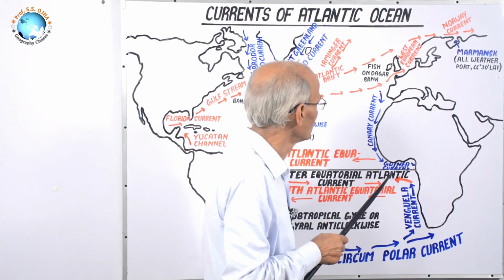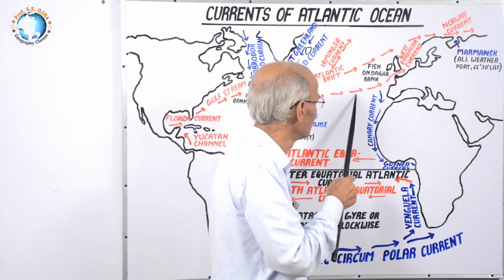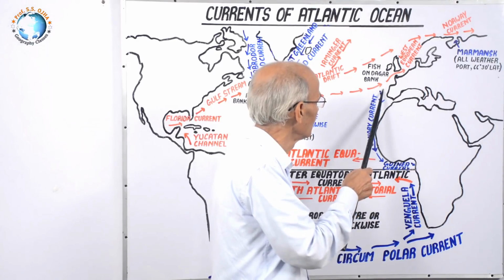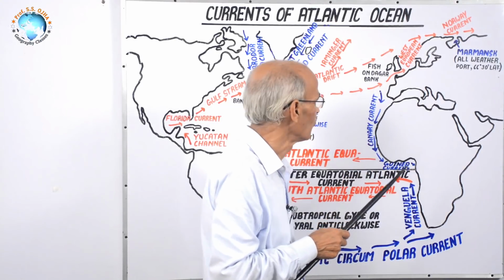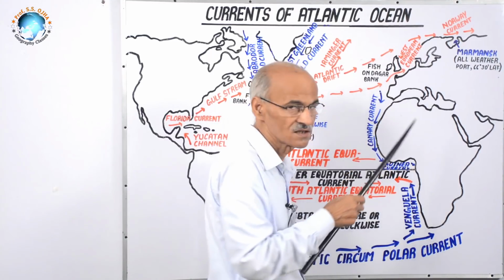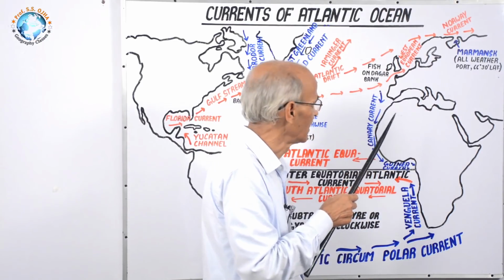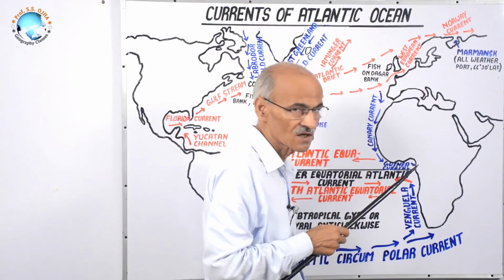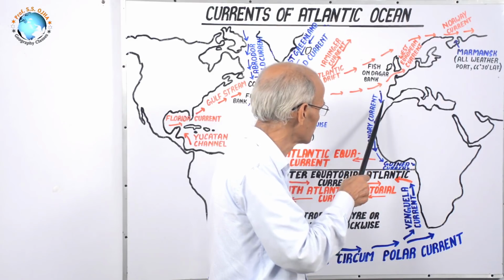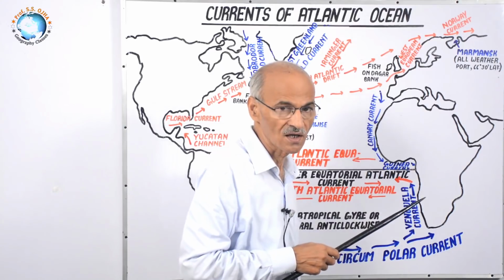Here again one doubt may be there in your mind: suppose its temperature is 25 degrees Celsius, but while moving north it is called a warm current, because in relation to these countries' atmospheric condition it is warmer. The same temperature water current having 25 degrees Celsius, if it moves south, named as Canary Current, is called a cold water current.